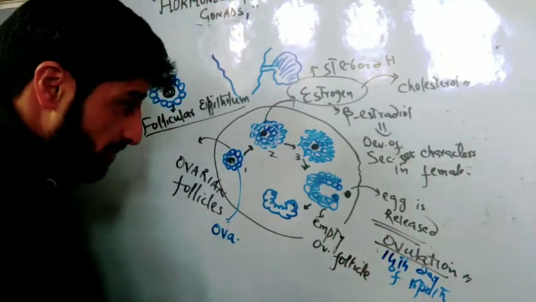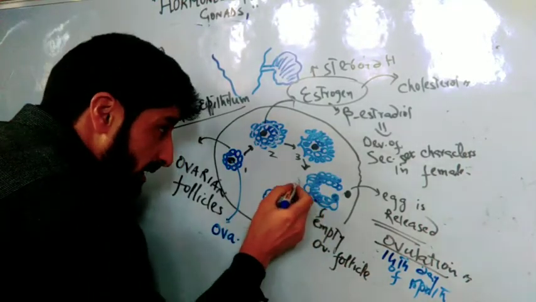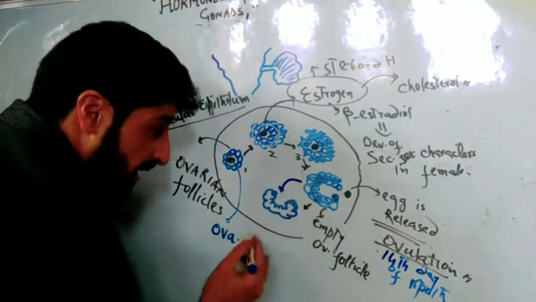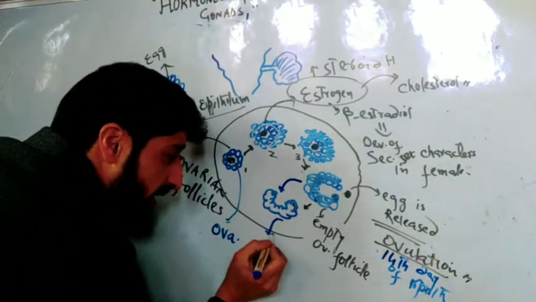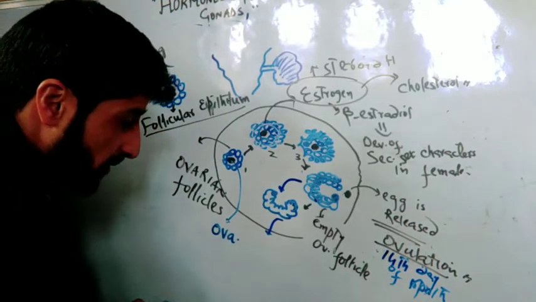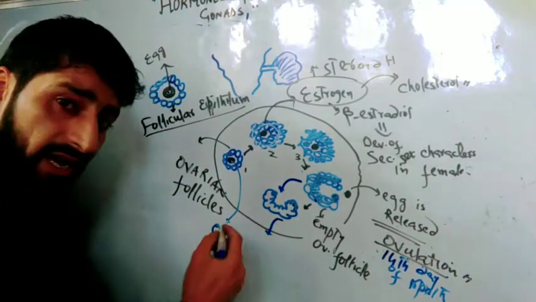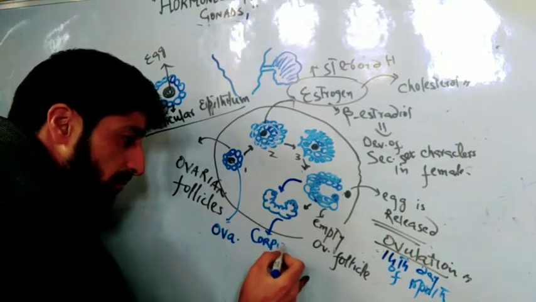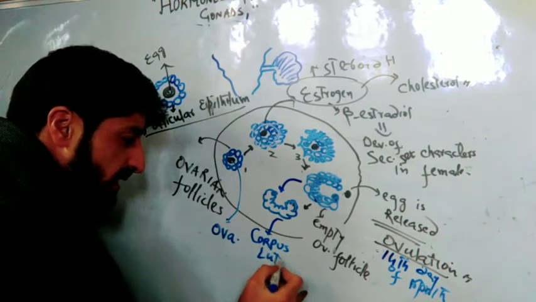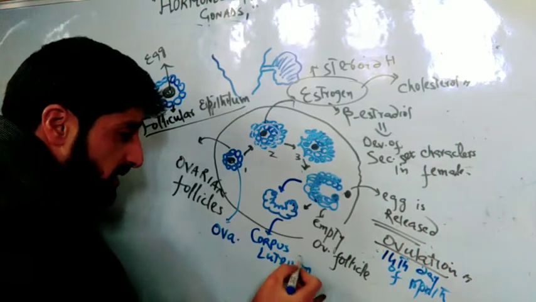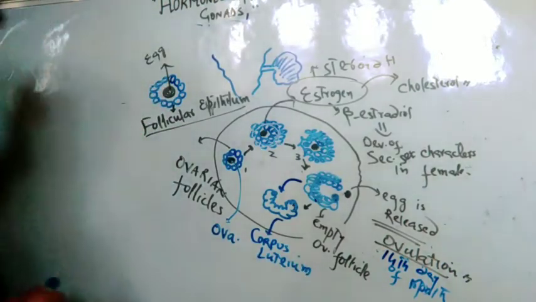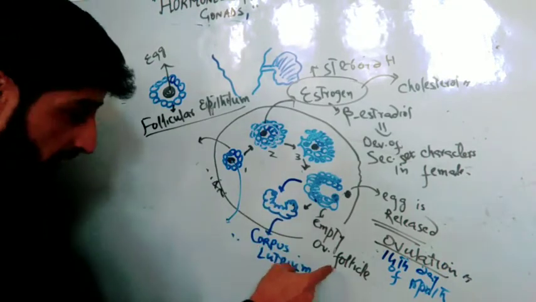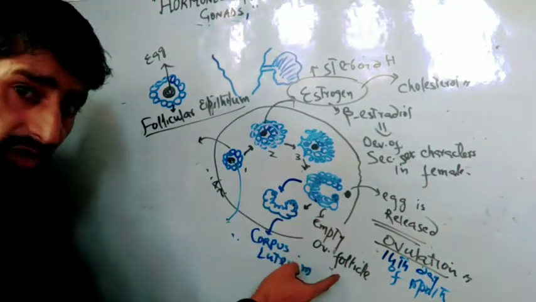Now, this empty ovarian follicle gets converted into another structure. That another structure is known as corpus luteum. This corpus luteum was formed from the empty ovarian follicle.